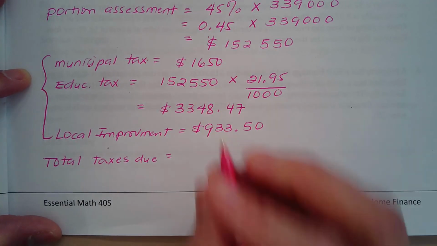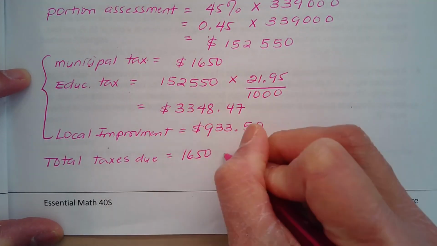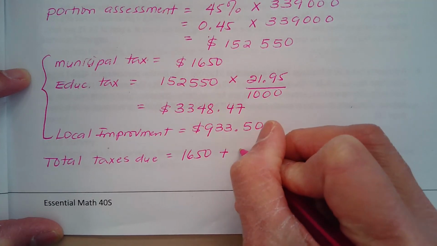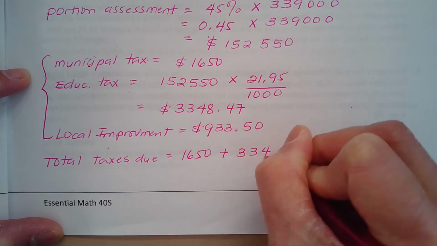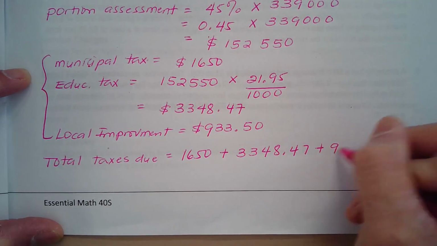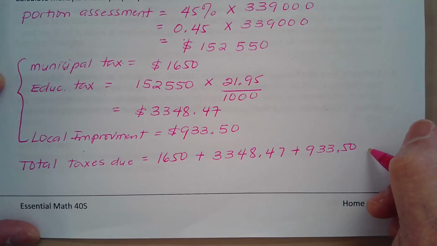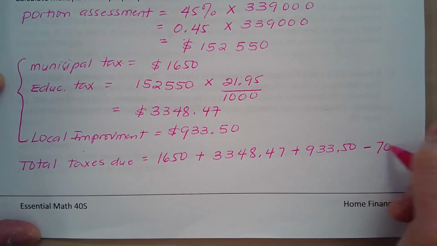Subtract it. You got it. Okay, let's put it all together. So 1650 plus 3348.47 plus $933.50, and then the tax credit of minus 700.